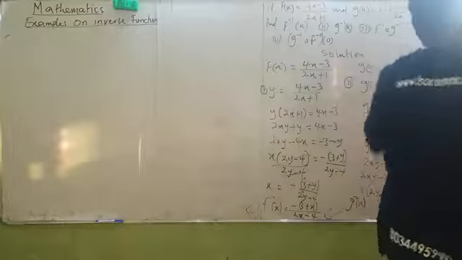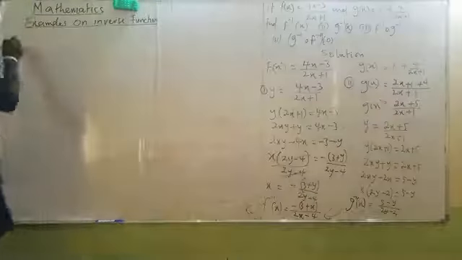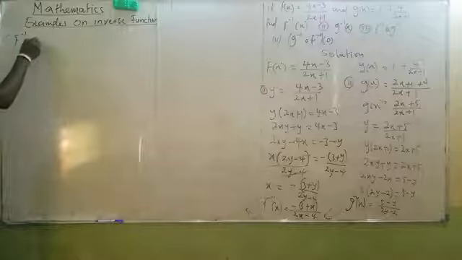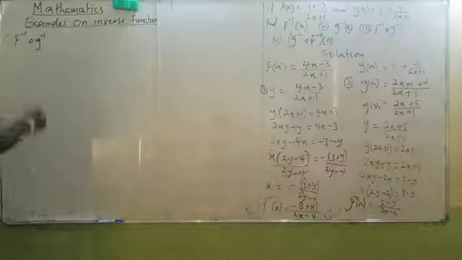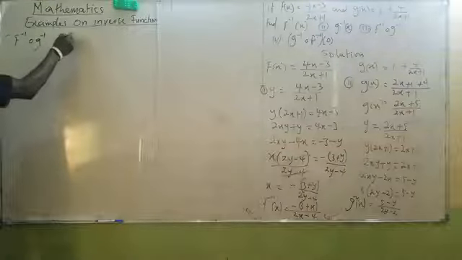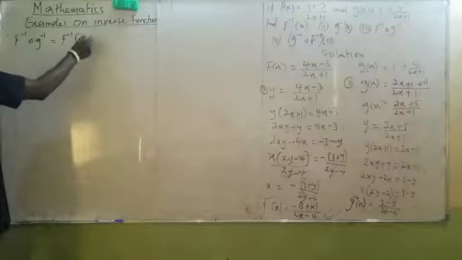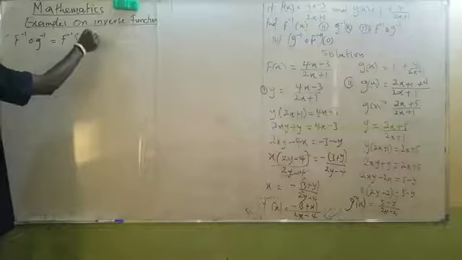Now, since I have my g inverse, and somebody asks me to find f inverse of g inverse, what I just need to do is write this as f inverse of g inverse.